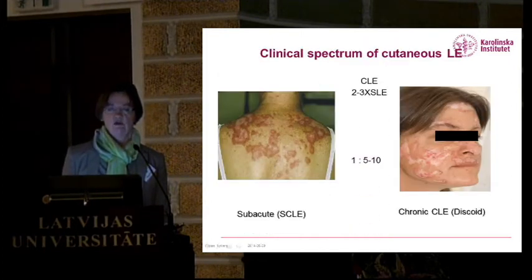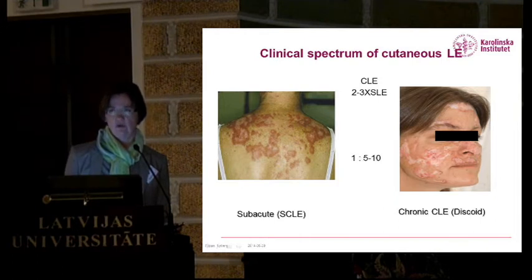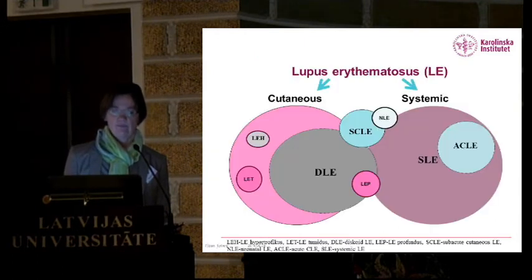And the ratio is still that cutaneous lupus is about 2 times more common than SLE if you take all subtypes, and subacute cutaneous is about 20% of the whole cutaneous lupus group.